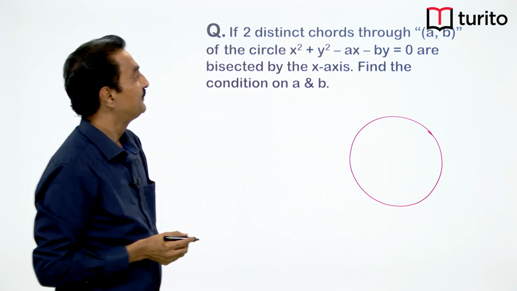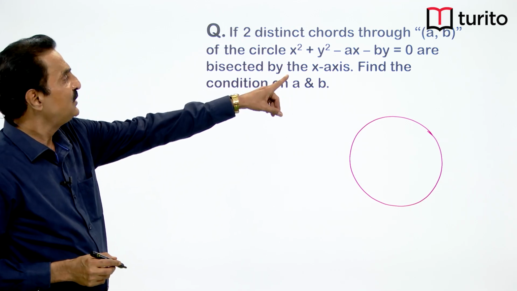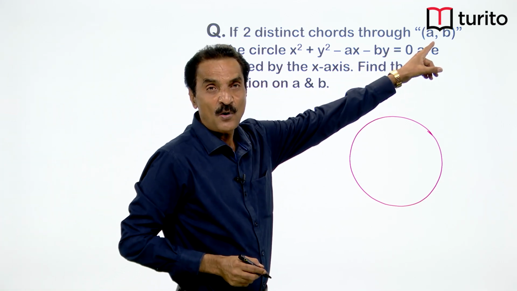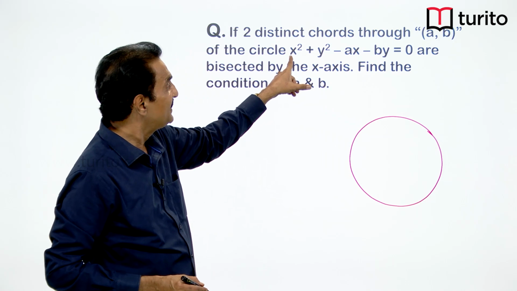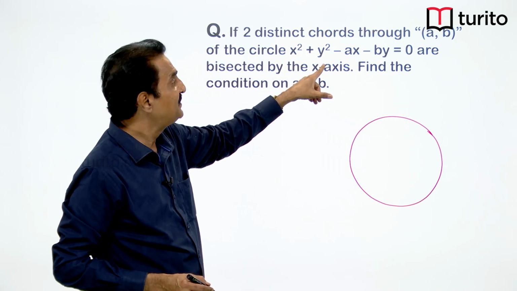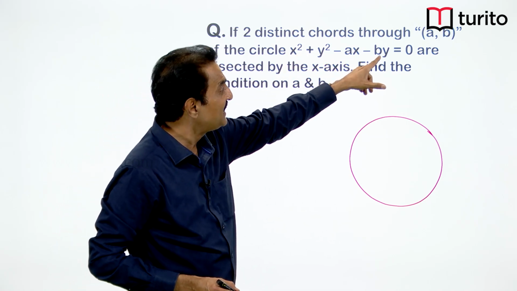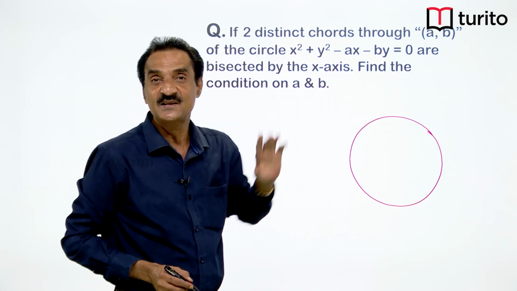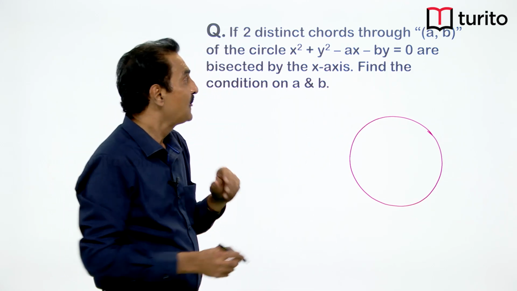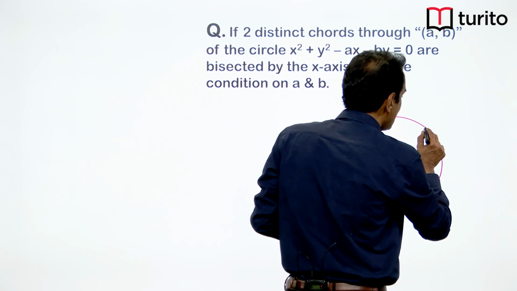This is a circle. We can easily notice that the point lies on the circle. Substituting, a square plus b square minus a square minus b square is 0. It is satisfied. The given point A comma B lies on the circle.